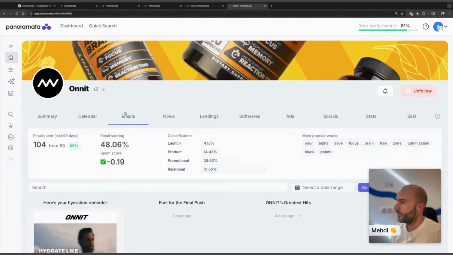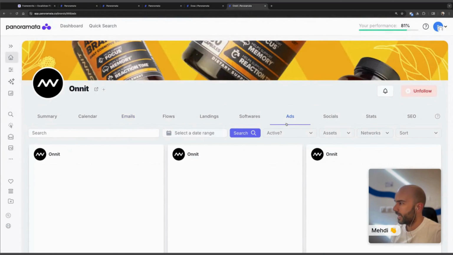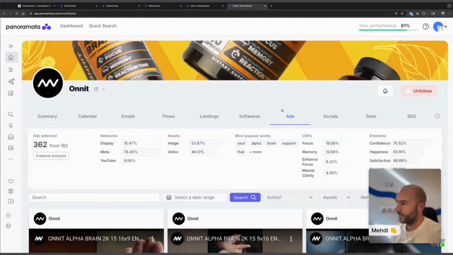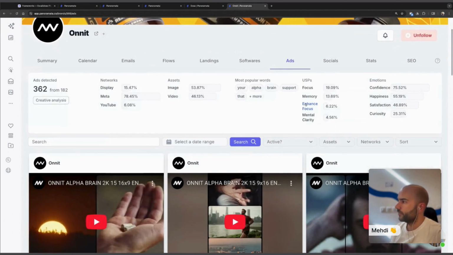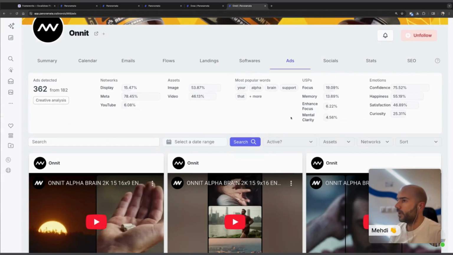I'm just going to review the main ones, but emails is going to be all the emails that we are detecting. Ads, again, all the ads that we've detected for this specific company on a lot of different channels with a specific categorization of the USPs, the arguments, the hooks that they're using as well in their advertising. So you can really compare the main USPs competitors are using across the market.